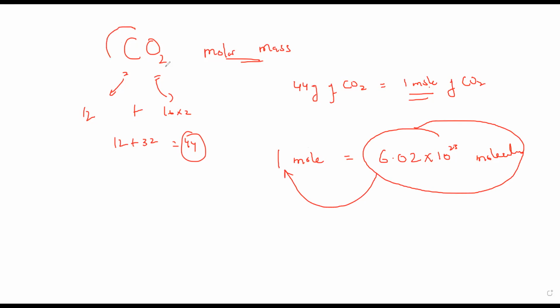So this 44 grams is called 1 mole. And inside this 1 mole, how many molecules are there? That will always be 6.02 into 10 to the power 23, which is also known as Avogadro's number.